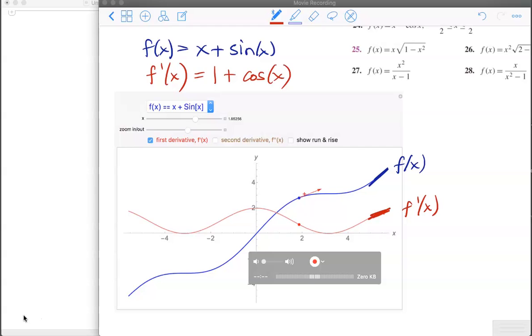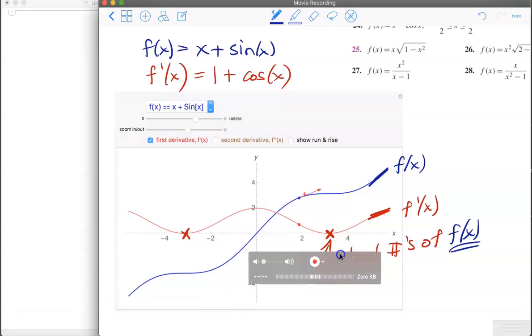Now what we're looking for are places where the derivative does not exist or where the derivative is equal to 0. Right here are the critical numbers of the function f of x, because the derivative of that function is equal to 0 at this point.